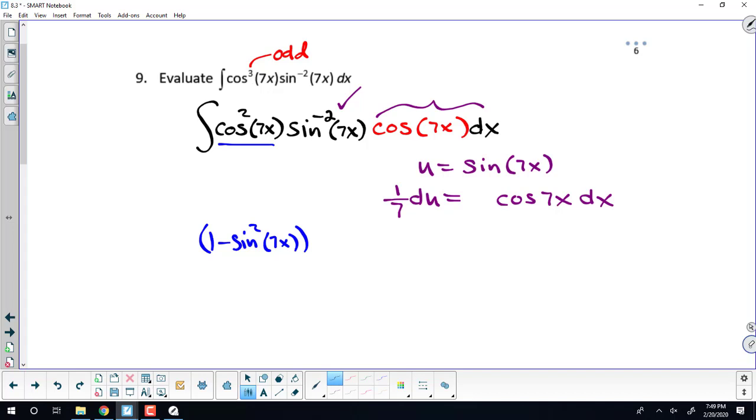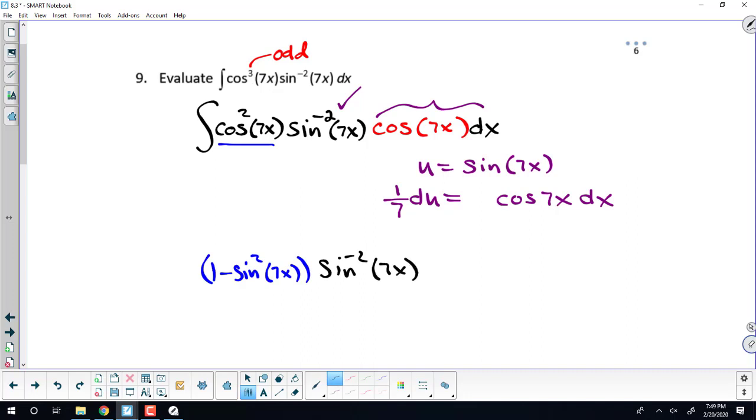Again, we've got a means to account for the sine to the -2 of 7x, and for the cosine of 7x dx.